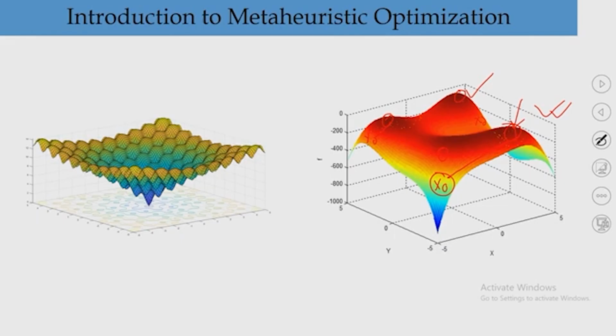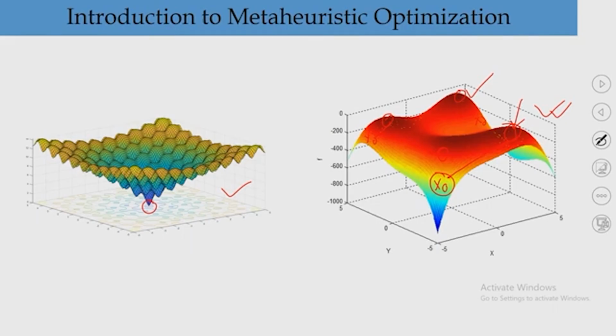Now, you look at this particular function. There are a lot of local optimal solutions and one of them is the global optimal solution. You have only one global optimal solution, somewhere here, and the others are local optimal solutions.